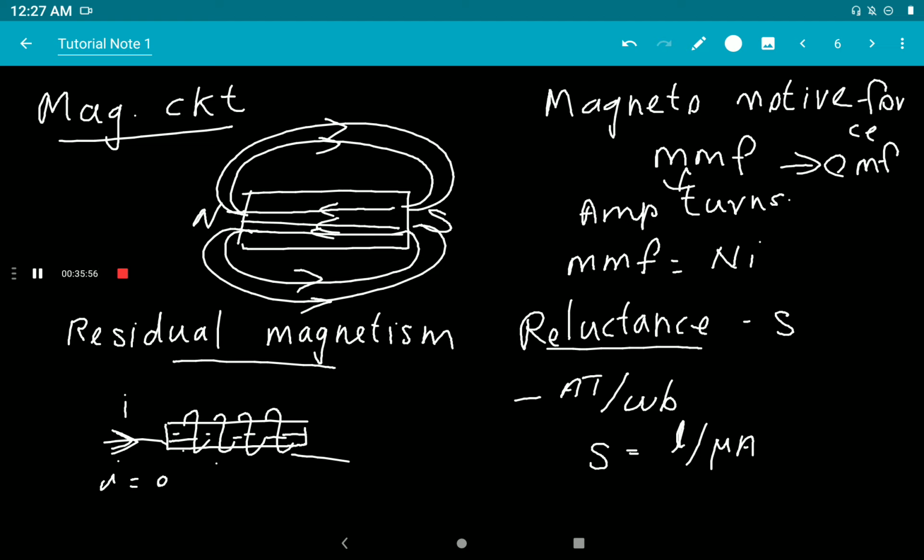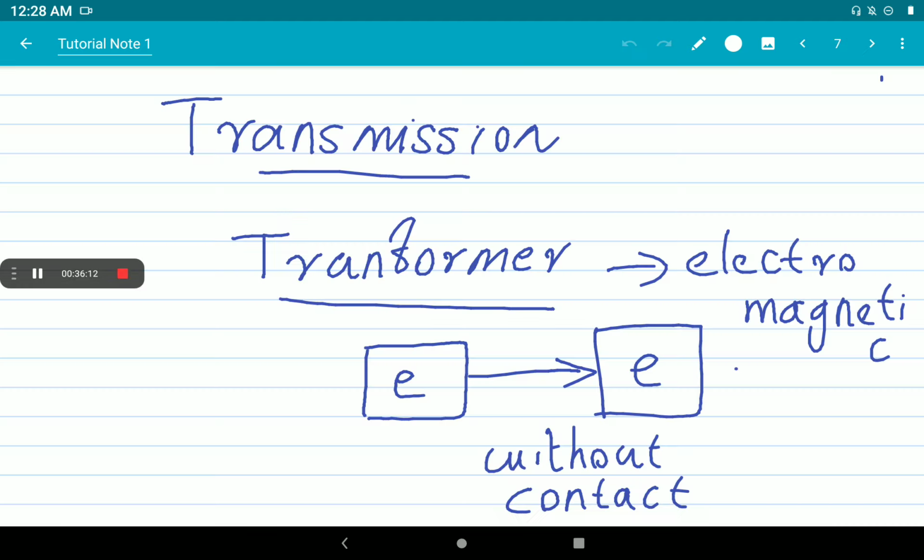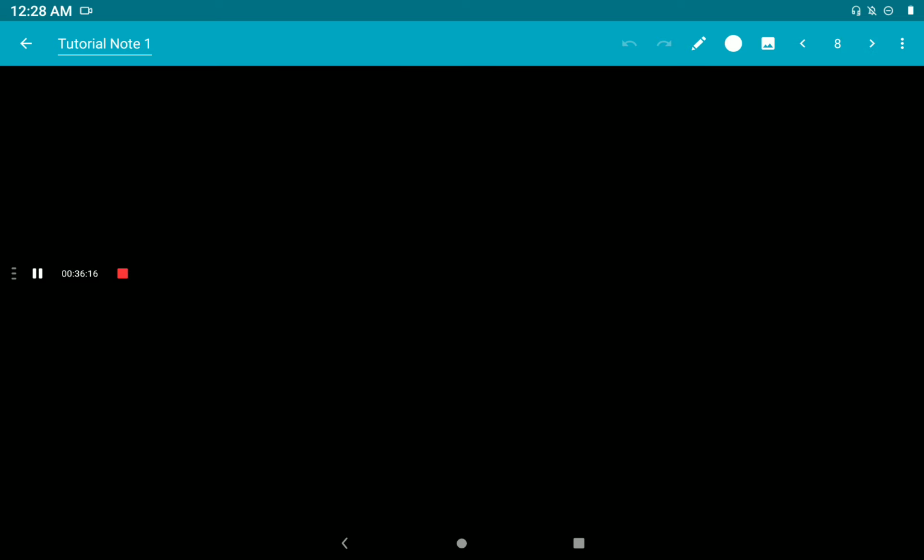Then the next term, permeability. We have already discussed permeability.